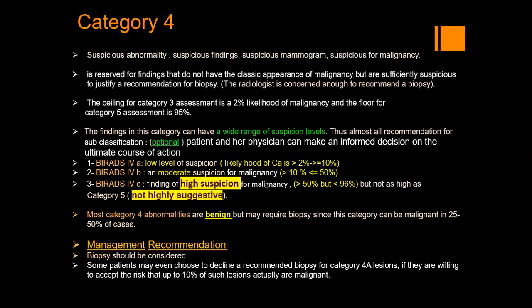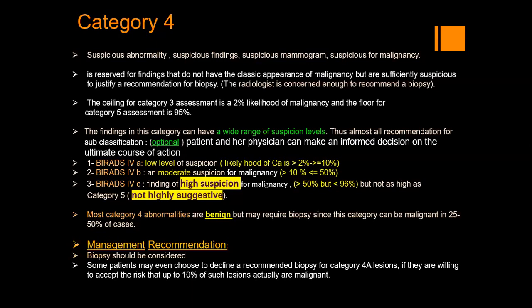While 4C is a high level of suspicion, that is why they prefer to report it as highly suspicious for malignancy, but not highly suggestive of malignancy. Highly suggestive is BIRADS 5, but BIRADS 4C is highly suspicious for malignancy.